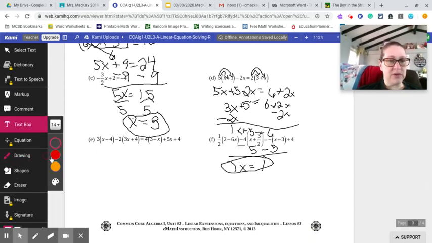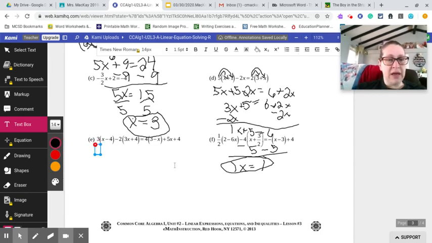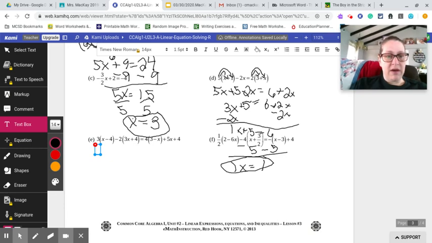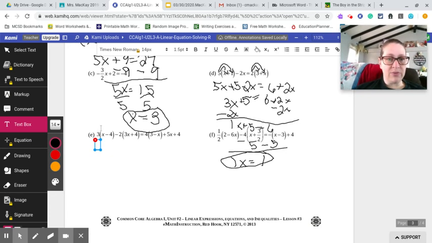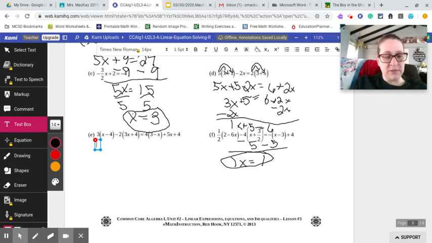Let's look at the next one. I'm going to try to do this one with the text box and see if it'll make it a little bit neater. I've got 3x, and I'm going to multiply the 3 on all the things inside the parentheses. That gives me 3x, 3 times negative 4 is negative 12.